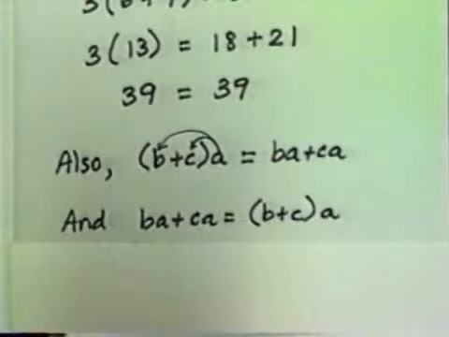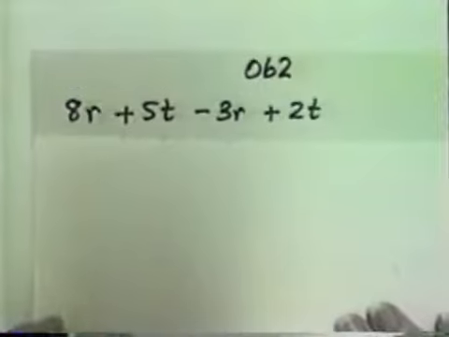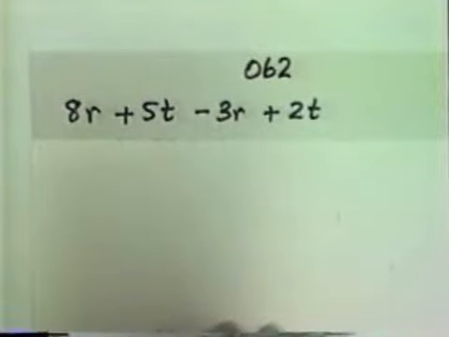But let's revisit the problem with the roses and the tulips and take a look at how these properties apply. Remember, we had 8R plus 5T, subtract 3R plus 2T.